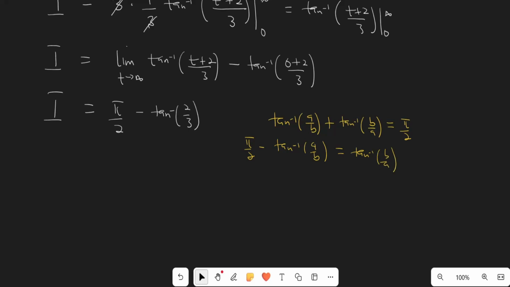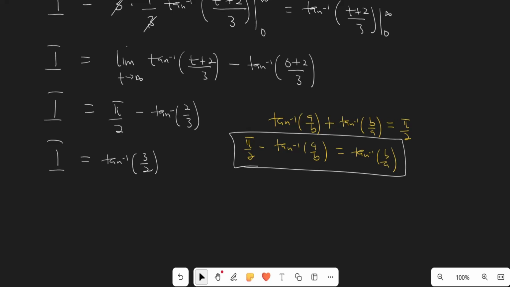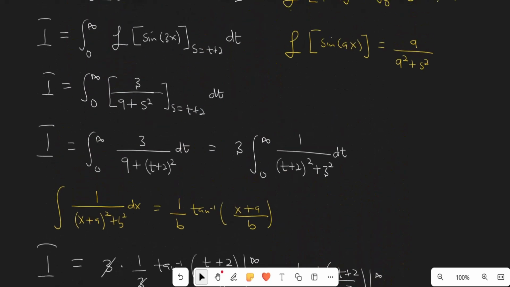So this is what we have. Pi over 2 minus the tan inverse of 2 over 3 is the same as the tan inverse of 3 over 2, using this identity here. So tan inverse of 3 over 2 is the answer to this integral.